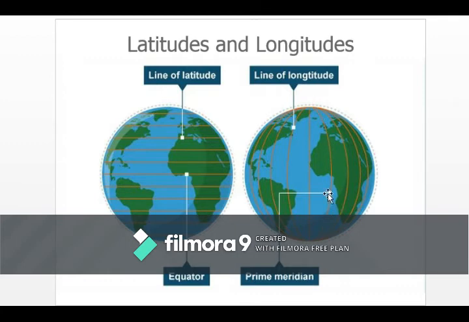Apart from giving names, we have given some numbers as well. For example, the equator line has the number 0. Then as we go upward on the northern side, in the northern hemisphere, we keep on increasing the numbers.